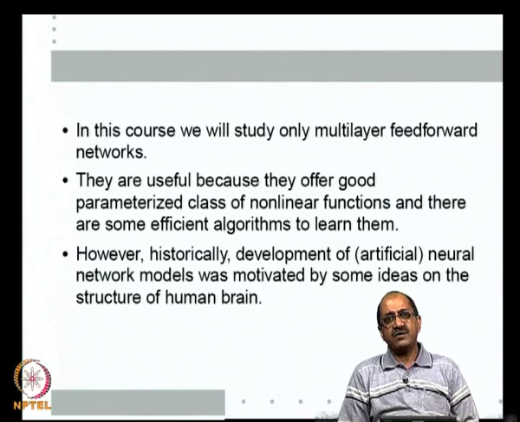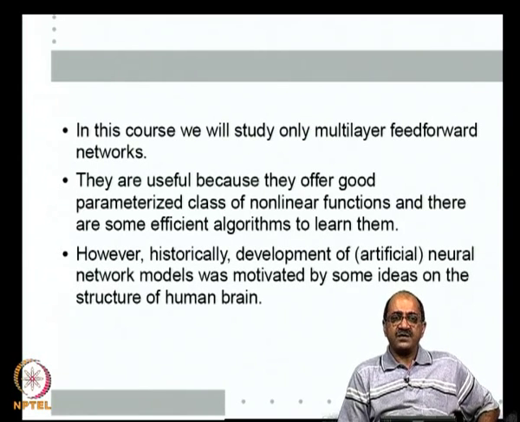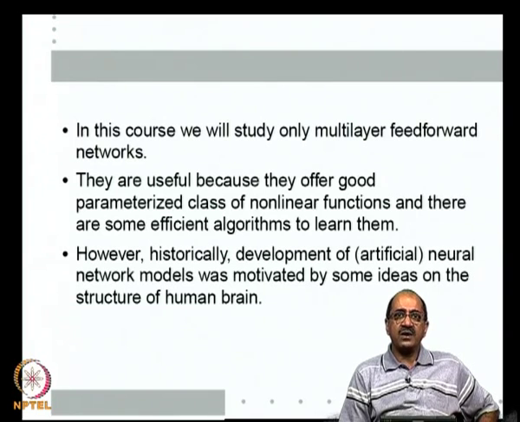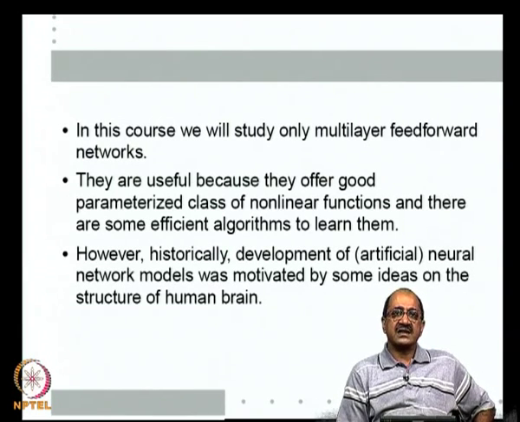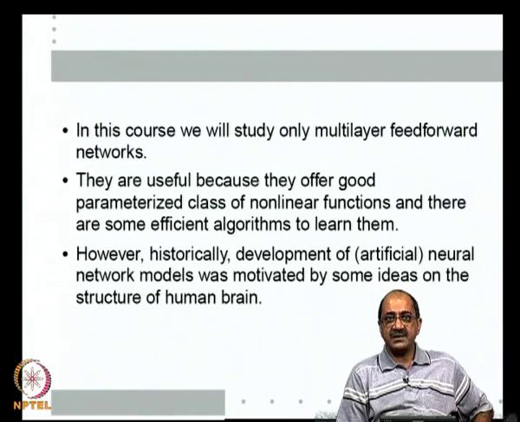Basically, the development was motivated by some ideas on the structure of the human brain. That is the reason why these are called neural networks. As you know, what we have in our brain are called neurons, that is the basic computing element in the brain, and these artificial neurons are somehow trying to model the structure of the human brain, at least that part of the structure which may be useful for computation. So, historically they were developed as an approach towards engineering intelligent machines. Okay.